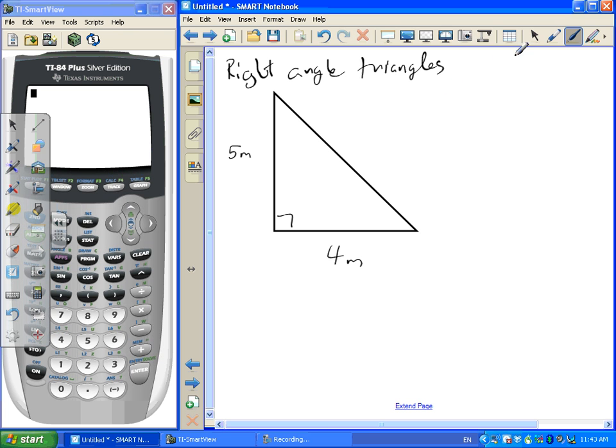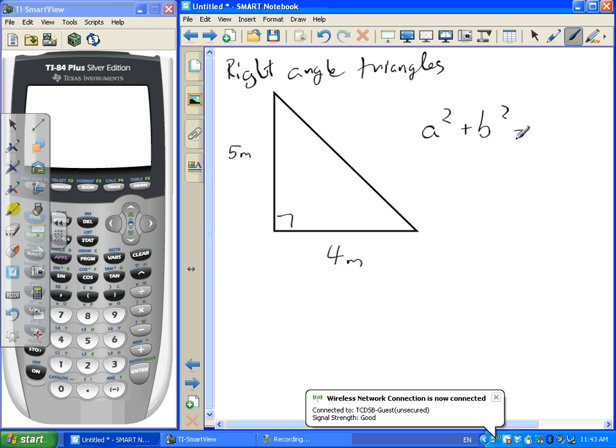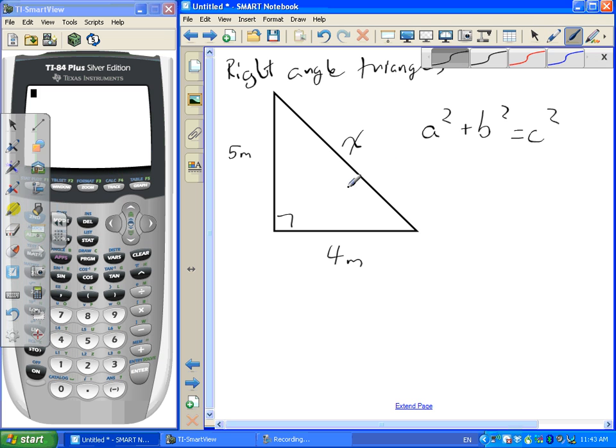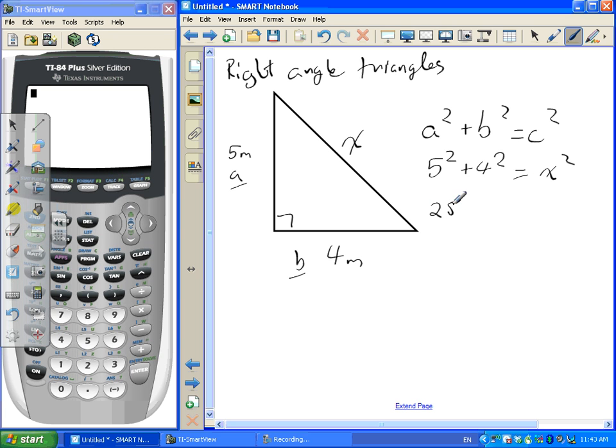Pythagorean, okay? So I can use a squared plus b squared equals c squared. And remember, I'm looking for the hypotenuse here. Hypotenuse is referring to c squared, so essentially, I can call either of these a and b. It doesn't matter. Call that a and this b. This formula says 5 squared plus 4 squared equals x squared. 25 plus 16 equals x squared. 41 equals x squared.